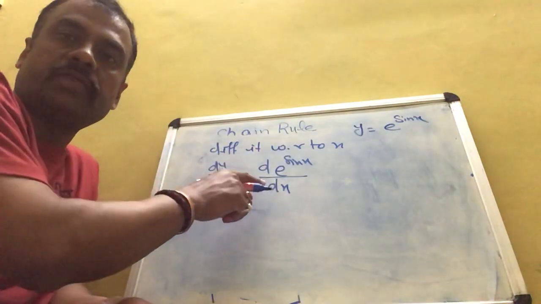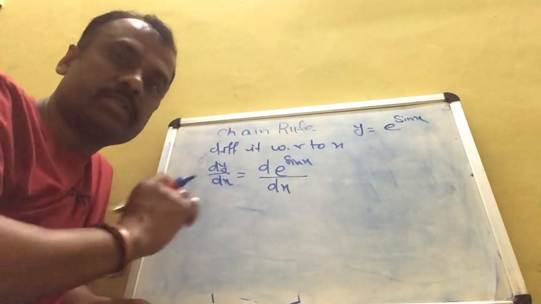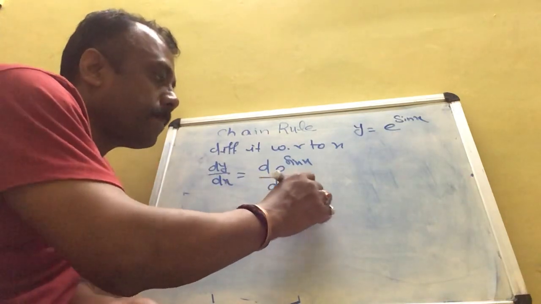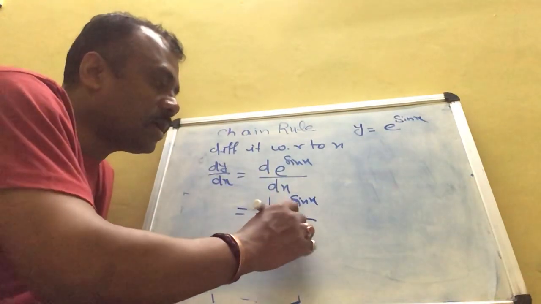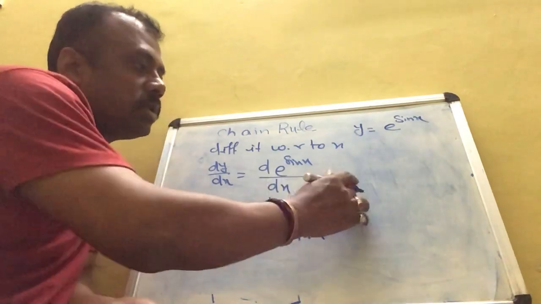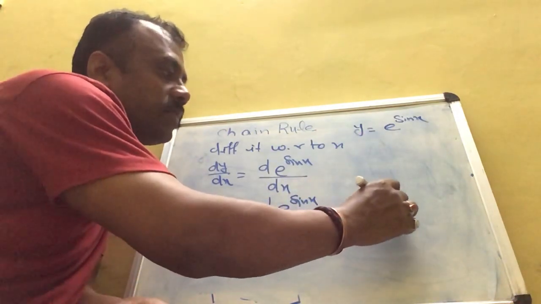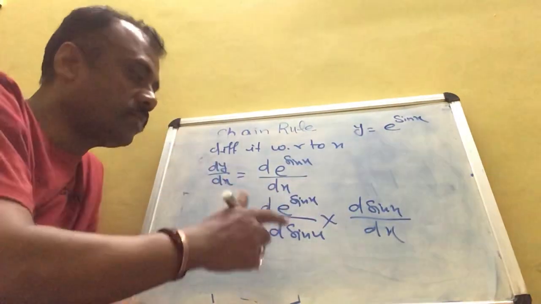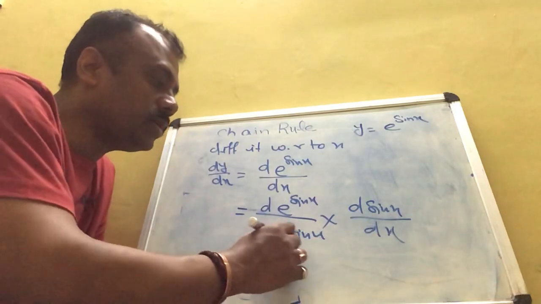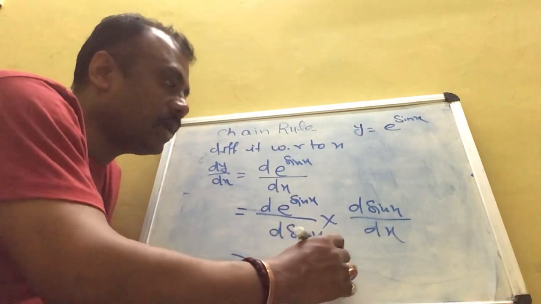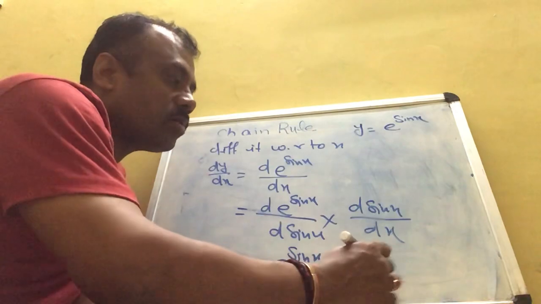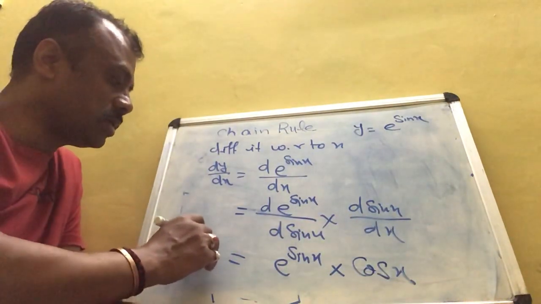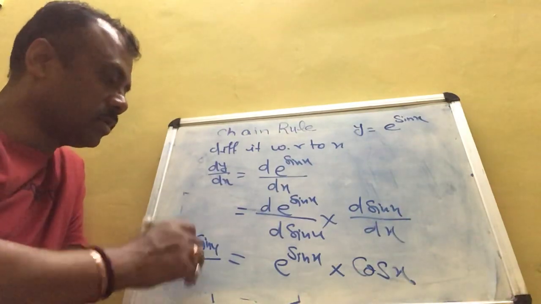This is the exponential function, which is a function of what? Sin x. So we have to differentiate it with respect to sin x, and using the chain rule, sin x will be differentiated with respect to x. By the standard formula, it will be e to the power sin x, and the derivative of sin x is cos x. So our required result is this one.